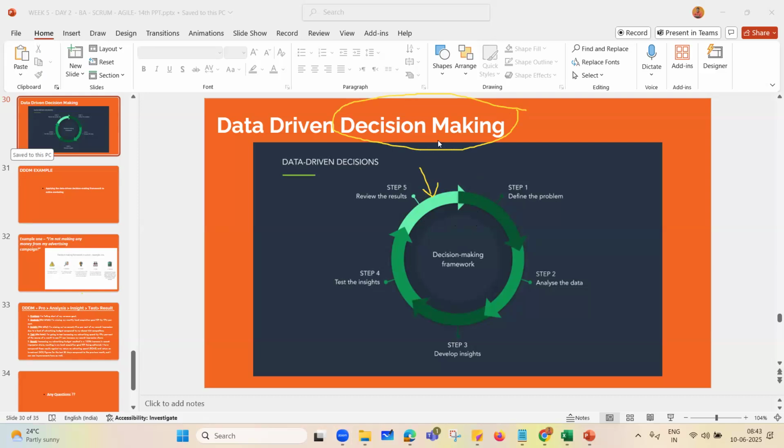Trust me, this data-driven decision making is so important, so strong, so foolproof, that not only for a business issue or a customer's issue, you can apply this DDDM anywhere in this world, to any type of typical problem, and it will result in the right solution for you. In fact, in one of the classes, one person came with her personal problem. We made sure she reached the right solution merely by applying the 5-step DDDM, the data-driven decision making.